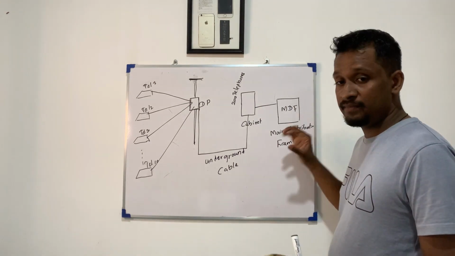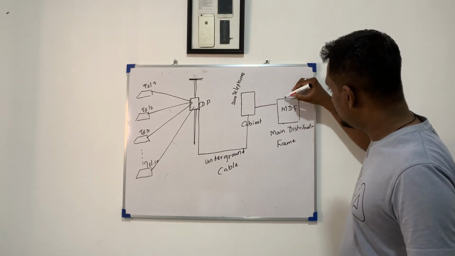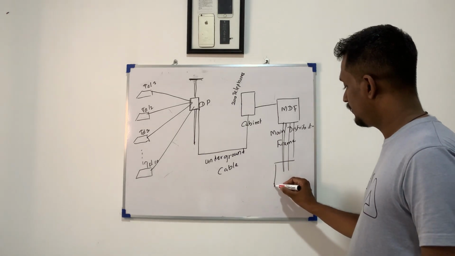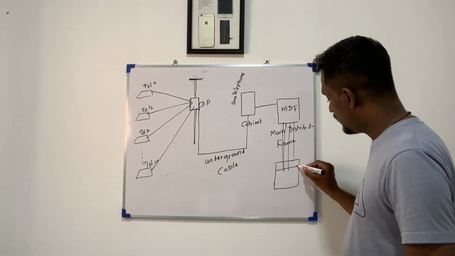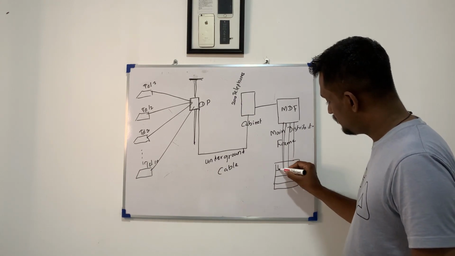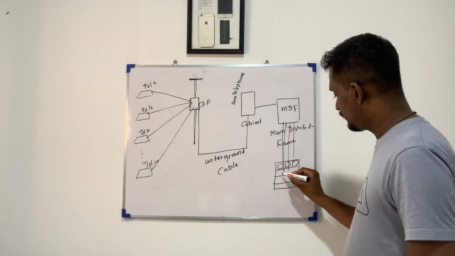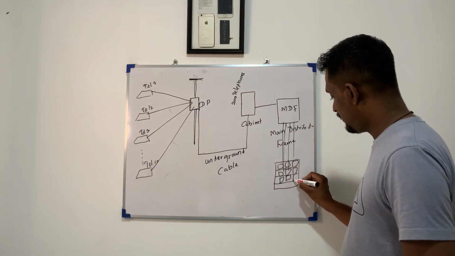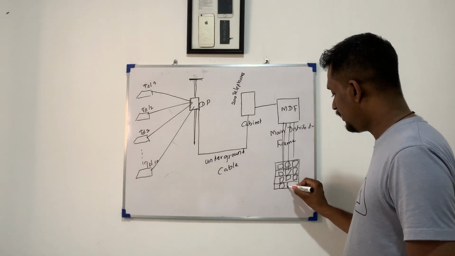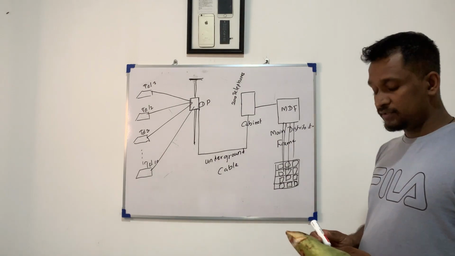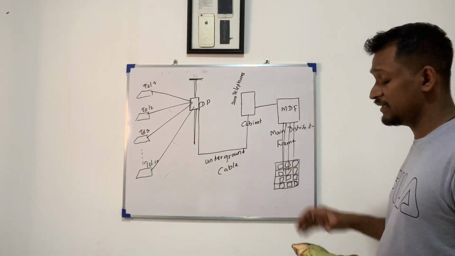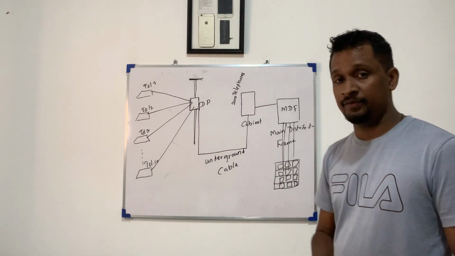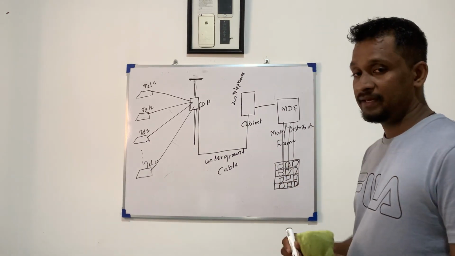After that, the main distribution frame is connected to another important unit, a special unit called the exchange. Many MDFs are connected to one exchange. Then using these exchanges, they are connected to each other to build up a PSTN network. I think this is clear for you.